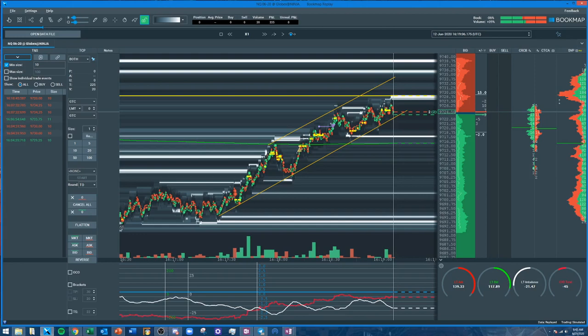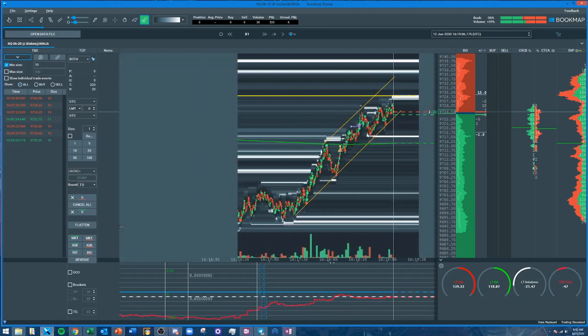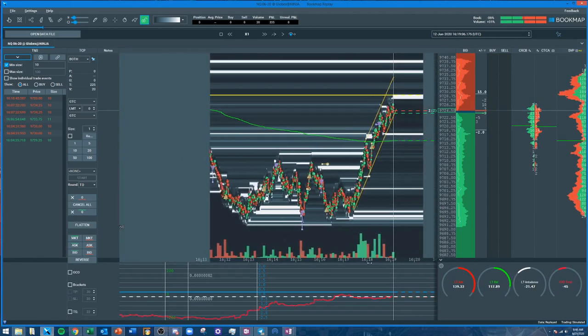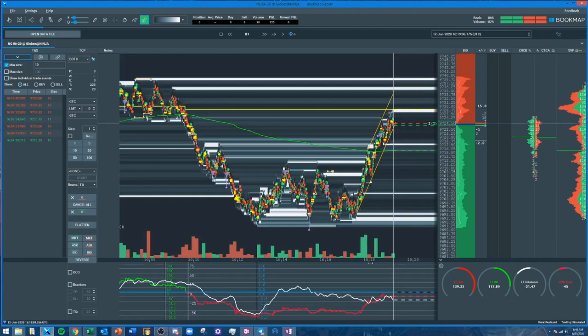So right now we can see we're approaching this resistance area, and you can see it matches up perfectly with this high volume node. So this is volume that took place earlier in the session here, if I can back it up.